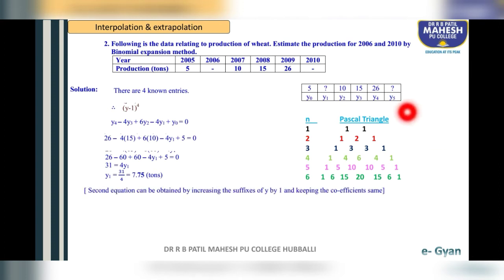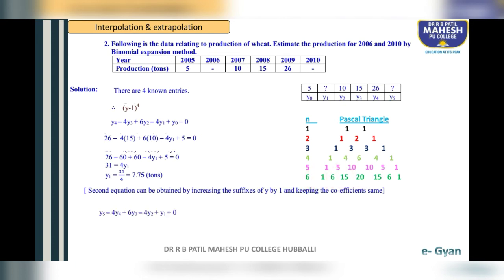Students, next we have to find the missing value of y5. For that we have to generate the second equation. As you know, the second equation can be obtained by increasing the suffixes of y by 1 and keeping the coefficients the same.